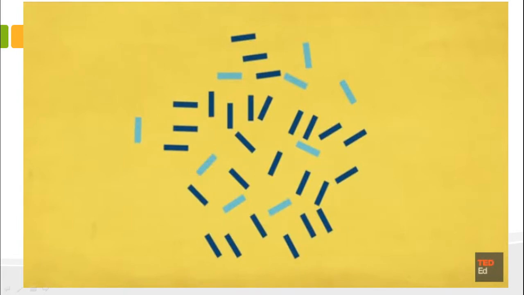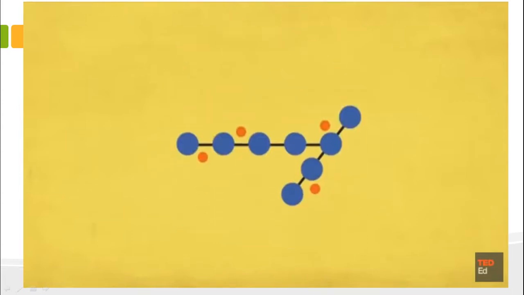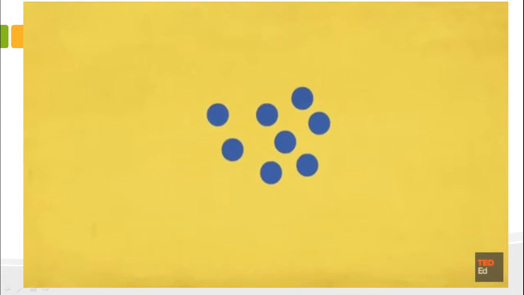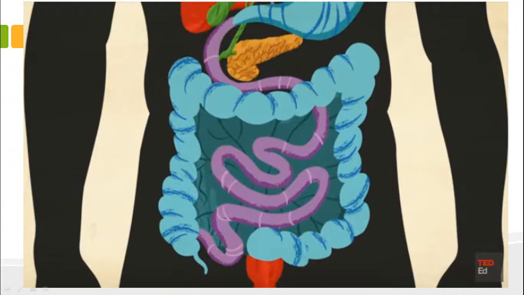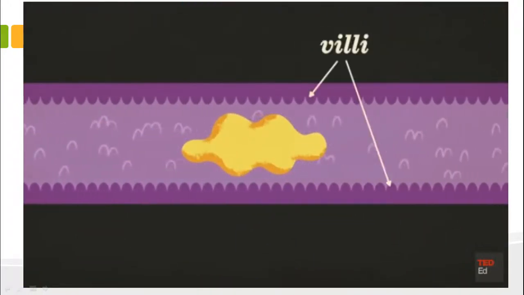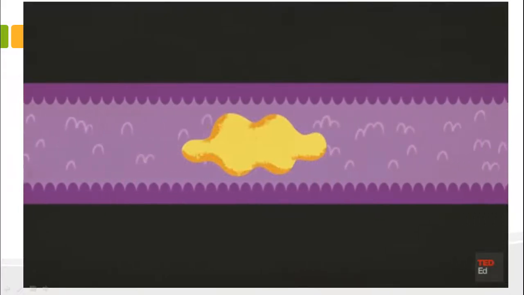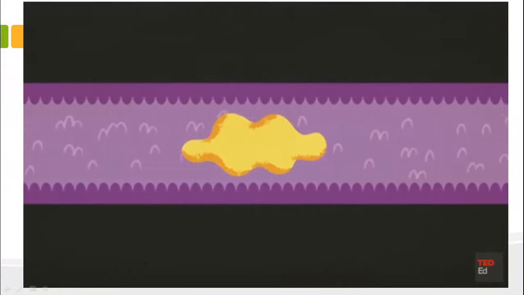The enzymes also carry out the final deconstruction of proteins into amino acids and carbohydrates into glucose. This happens in the small intestine's lower regions, the jejunum and ileum, which are coated in millions of tiny projections called villi. These create a huge surface area to maximize molecule absorption and transference into the bloodstream.